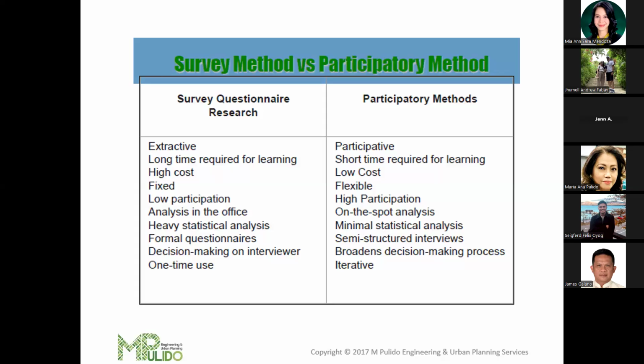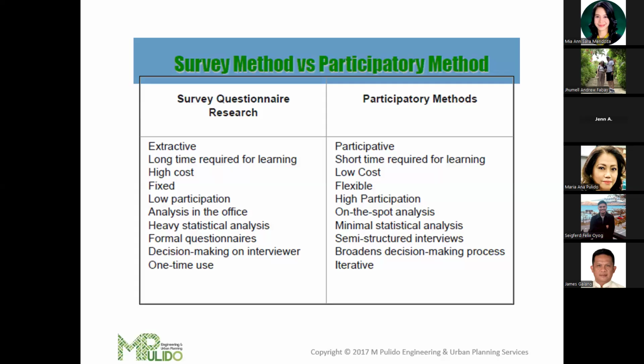But most importantly, participation is high, and analysis can be done on the spot. Instead of complex statistical models, we rely on pattern recognition, visual tools, and dialogue, and techniques like semi-structured interviews, mapping, and ranking exercises are used.